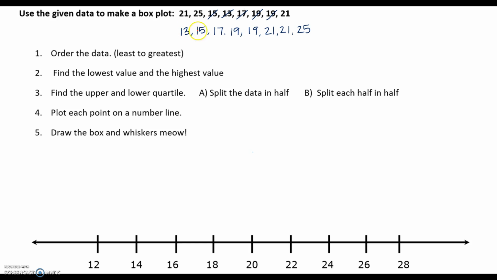Okay, so there's 1, 2, 3, 4, 5, 6, 7, 8 numbers. So the median, since there's 8 numbers, that's an even number. So we have the median is going to be between 2 numbers. So there has to be, cut it in half, 4 on each side. So 1, 2, 3, 4. 1, 2, 3, 4. So between 19 and 19, my median is 19.